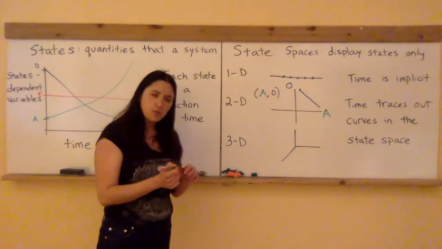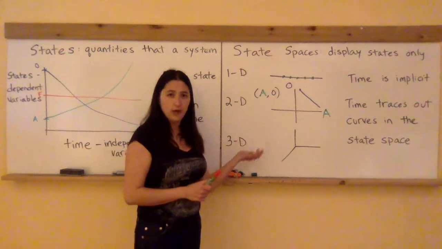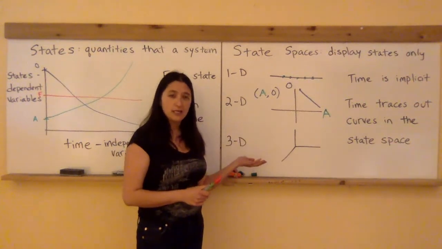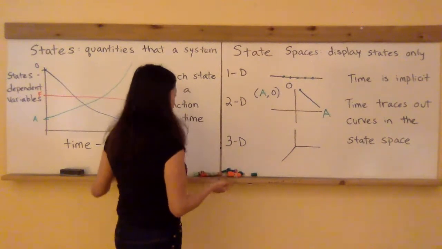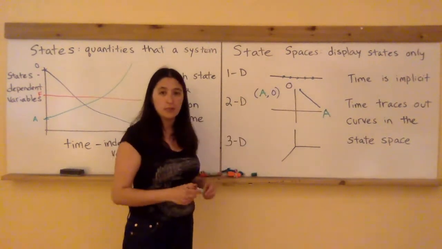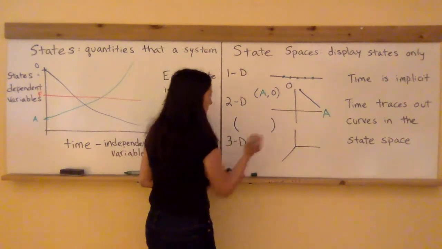Now, if I also want to get the dependent variable of fish as a function of time onto the state space display, now I've added another variable. And so instead of just having the two-dimensional XY point here, now I'm going to end up having 3 dimensions.